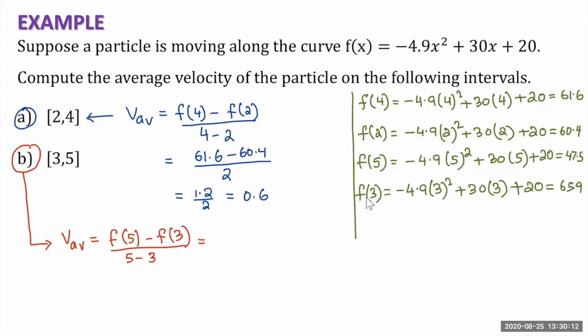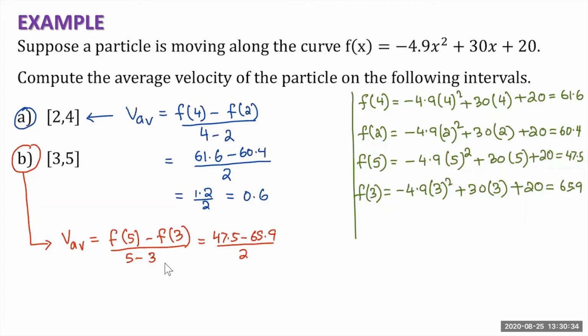So we can plug in those values here to get the average velocity. F of 5, we got the value. It is 47.5 minus f of 3, which is 65.9, divided by, in the denominator, 5 minus 3, which is 2.